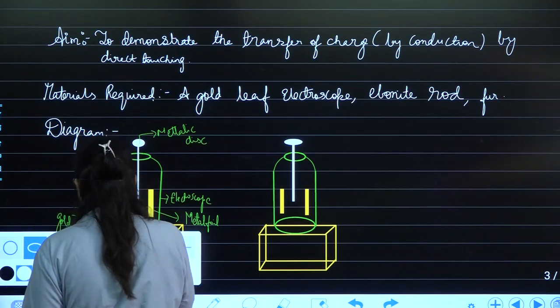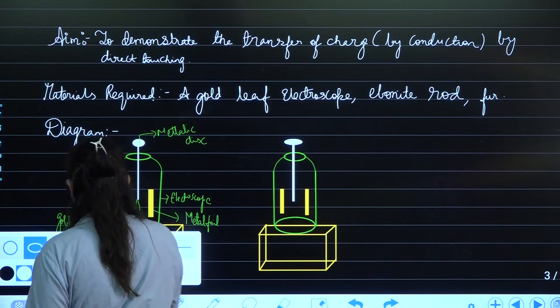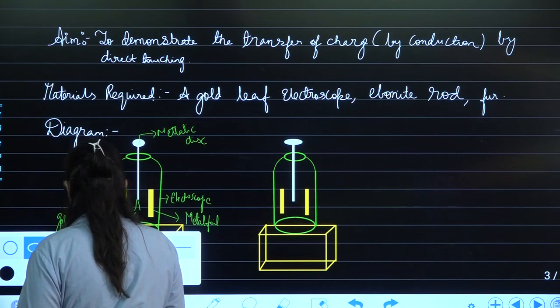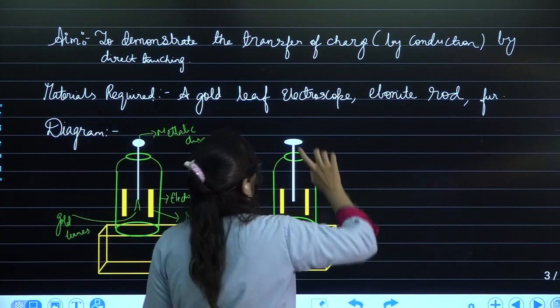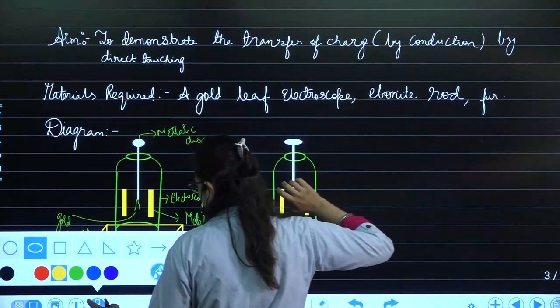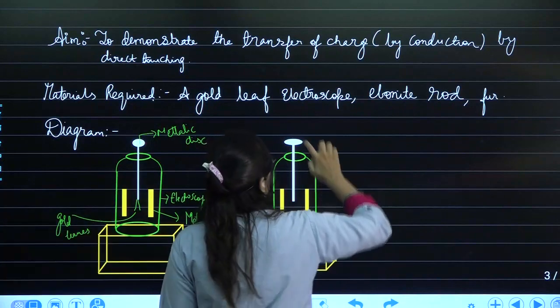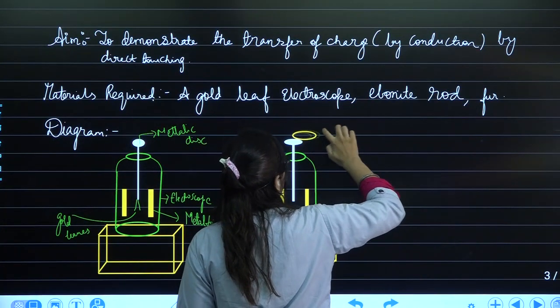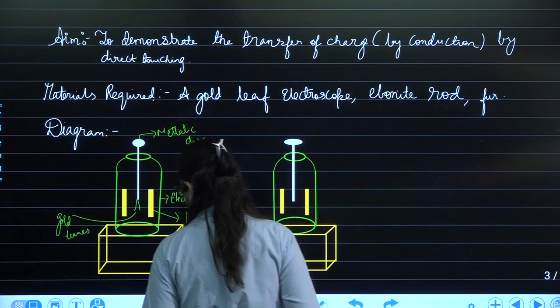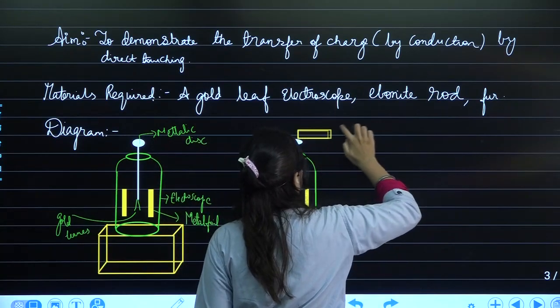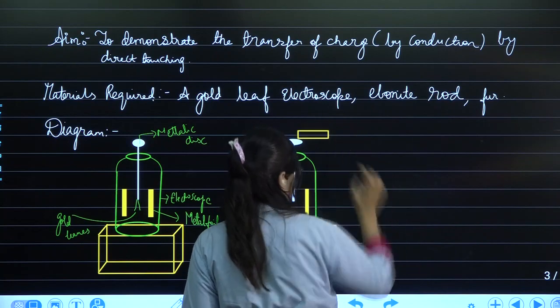Now what are we bringing near it? We are touching the ebonite rod to it, which is negatively charged.